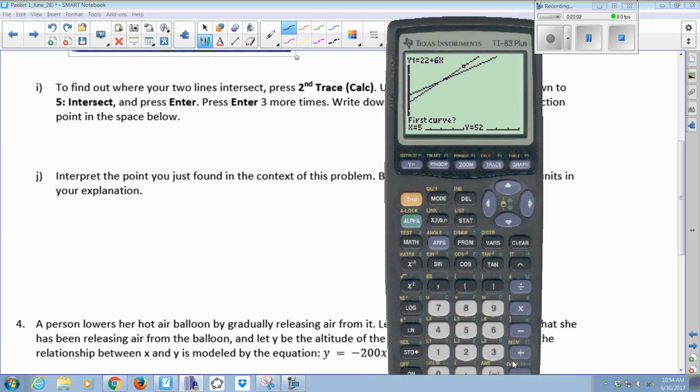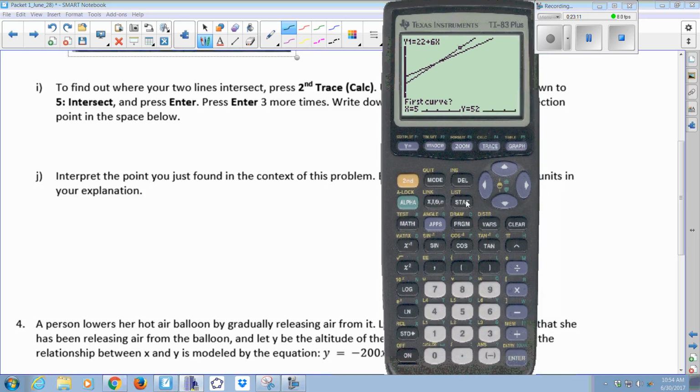And notice you see first curve. And they want you to put a value in where you think these intersect. But the neat thing about this particular operation is you don't have to put in anything. All you have to do is hit enter once, and then it asks you something like, where do you think this point is on the second curve? You just say, hey, wherever you are, it's fine.